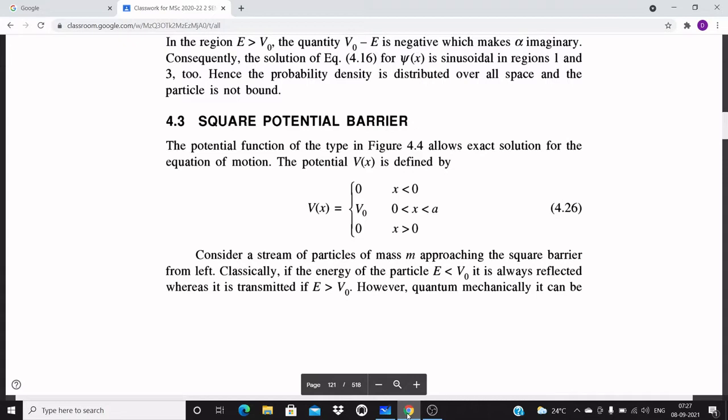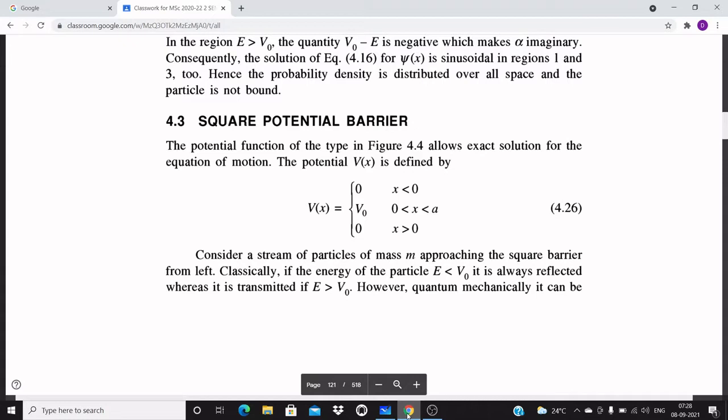Now we know how we deal with a quantum mechanical system. First of all, we take the Schrodinger equation, then apply the potential defined for the system, then we try to solve it.